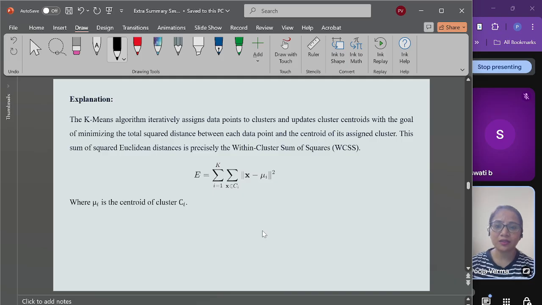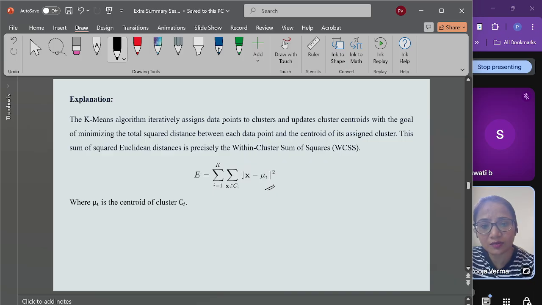In the k-means clustering algorithm, we iteratively assign data points to clusters and update the cluster centroids with the goal of minimizing the total squared distance between each data point and the centroid of its assigned cluster. This is done by the squared Euclidean distance, that is precisely the within-cluster sum of squares.